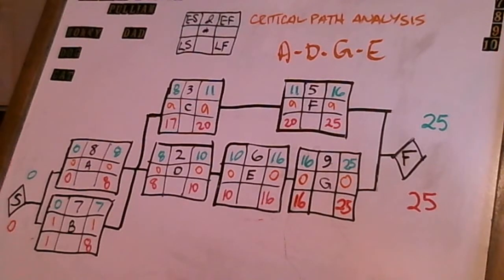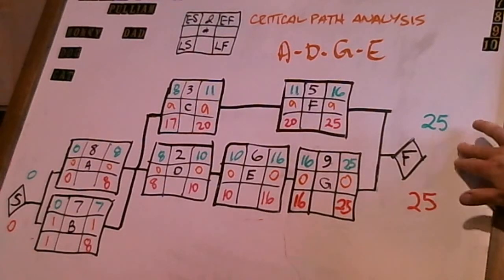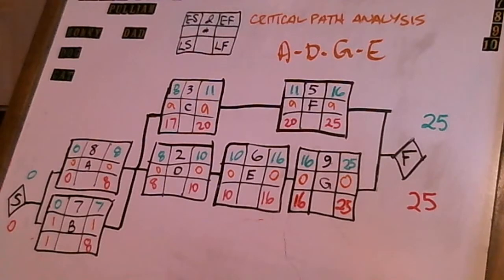And saying that it's the longest path means that it's going to show you the shortest total duration that you could complete that project in. So in this particular case, the shortest duration is going to be our project here finishing on and through day 25.